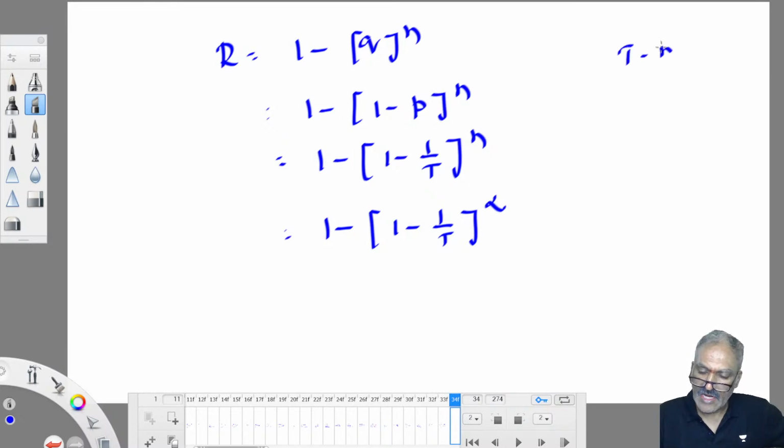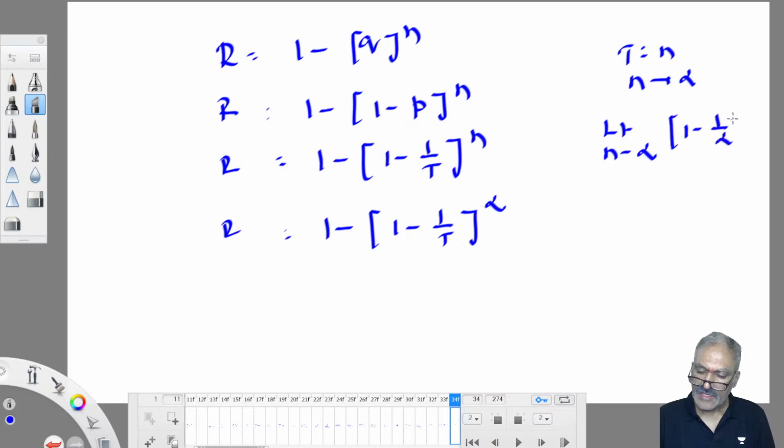So if T is equal to N and N tends to infinity, and if we simplify this by trial and error somehow, there is some mathematical function: limit N tends to infinity of (1 minus 1 by N) to the power N has some mathematical value, about 0.36 or something like that.